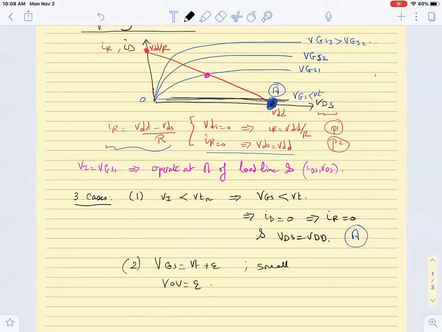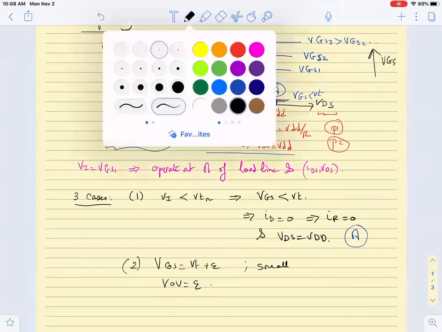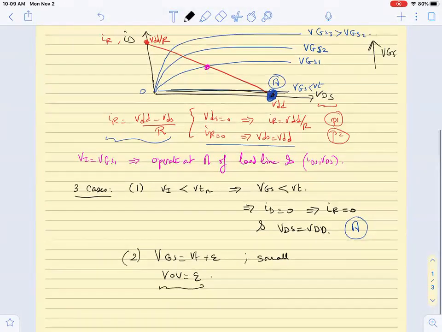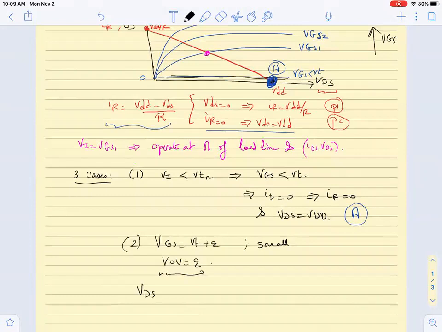And since VGS increases this way, we can assume that I am operating maybe at point VGS1, and at point VGS1, I am operating mainly in the saturation region. Why? Because VOV is small, and VDS is greater than VGS minus VT, which is epsilon.